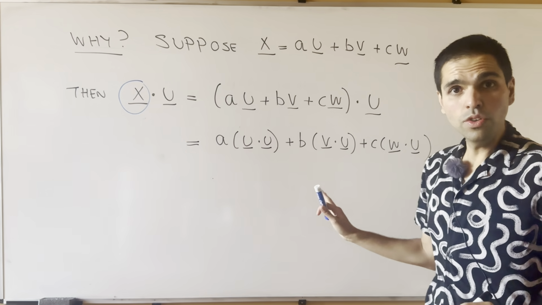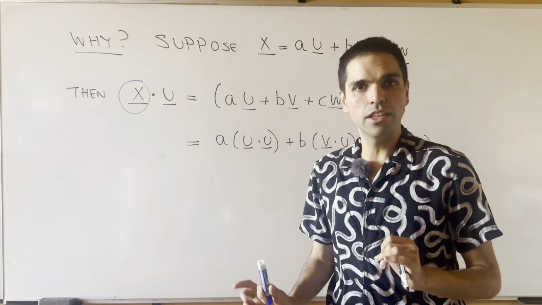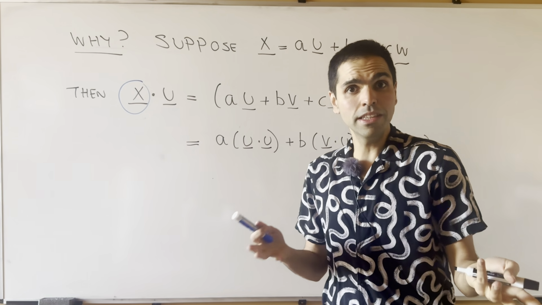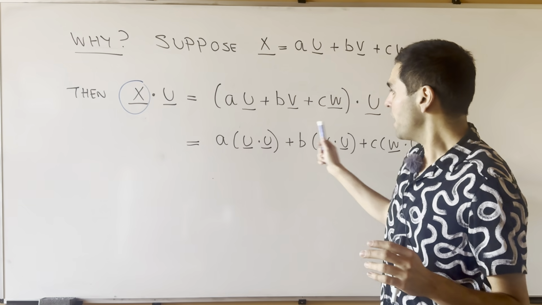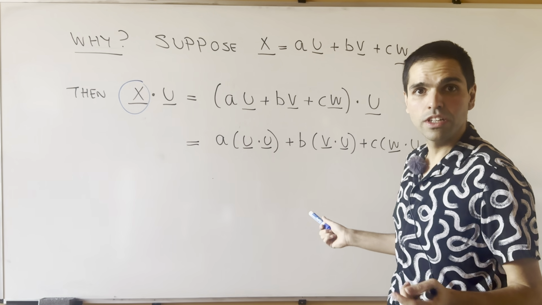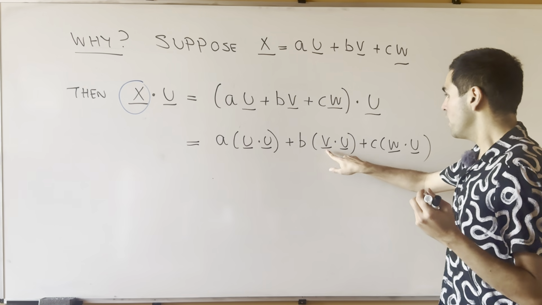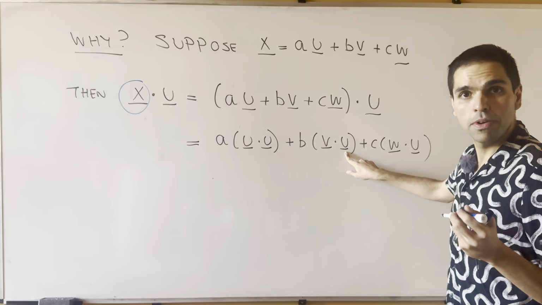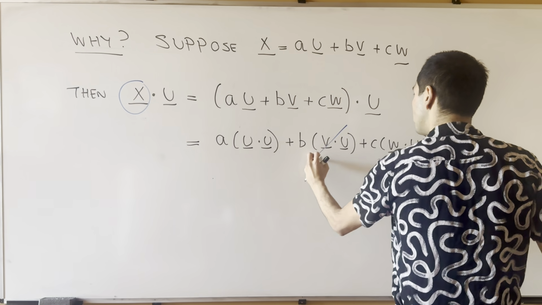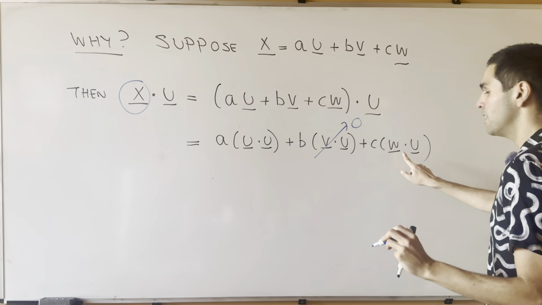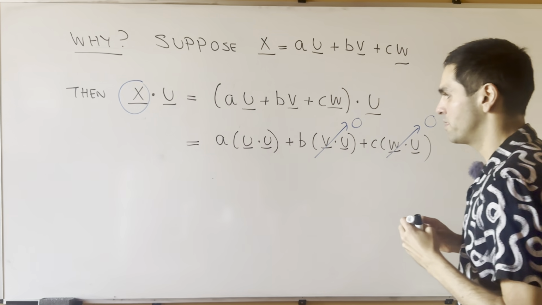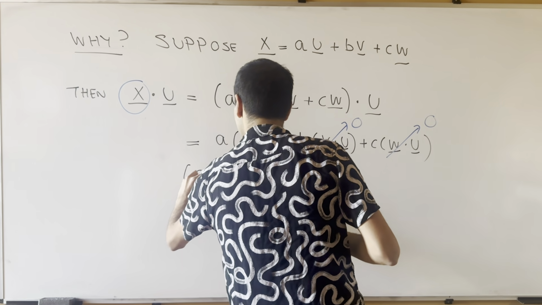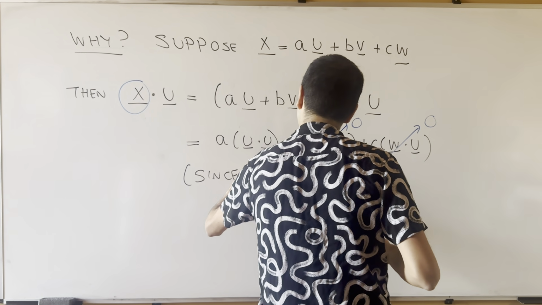However, what do you know about the set u, v, w? It is perpendicular. It's orthogonal, meaning that each vector is perpendicular to the other ones. So in particular, v is perpendicular to u, so this becomes 0, and w is perpendicular to u, so this also becomes 0. So once again, this is since the set is orthogonal.